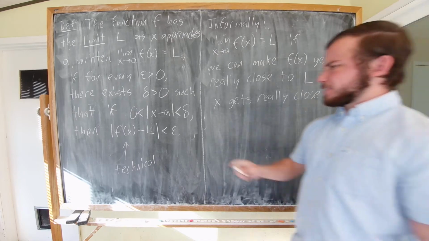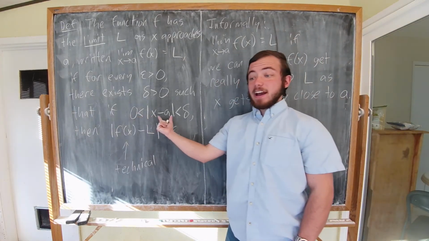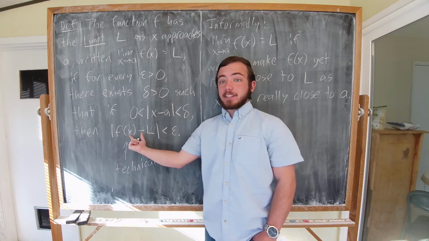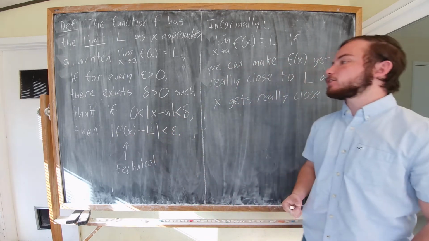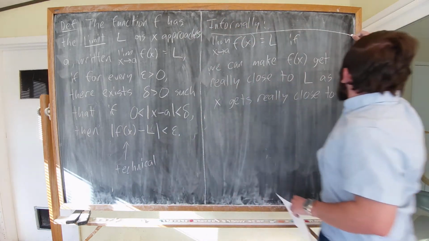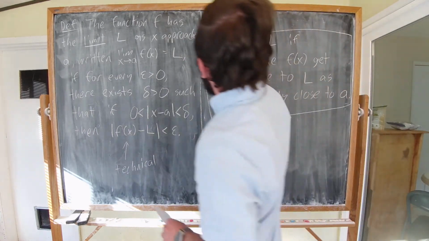And that's all this is saying: if x is getting really, really close to a, then f of x better be getting really, really close to L. This is what you should think of when you think of a limit.